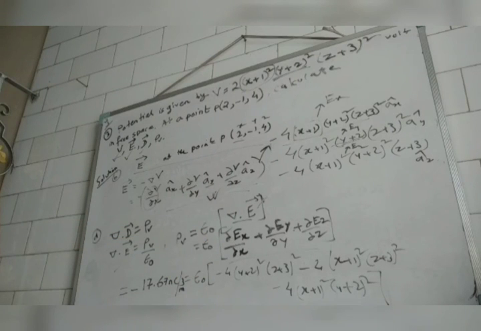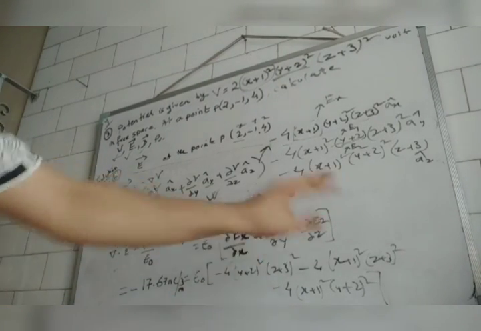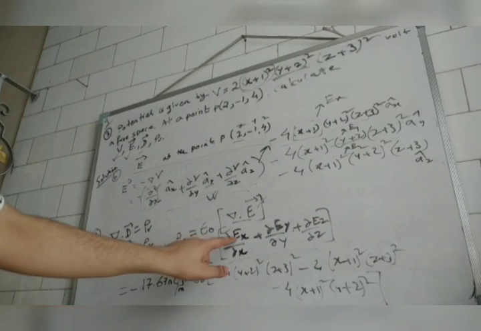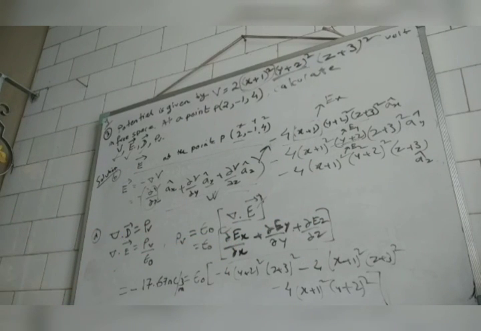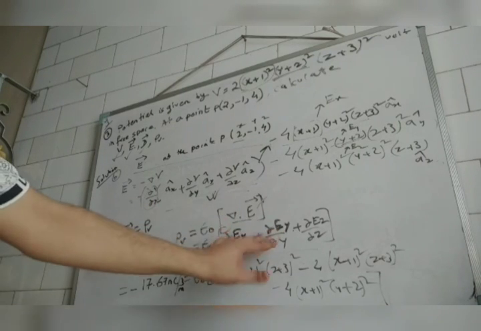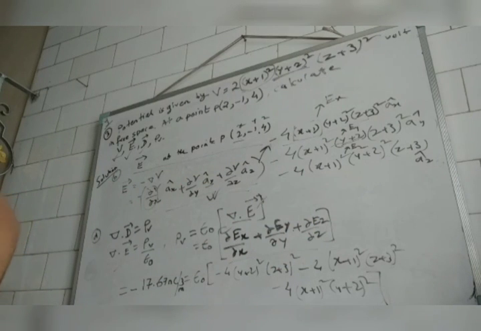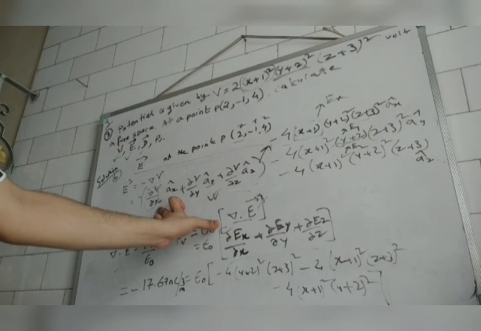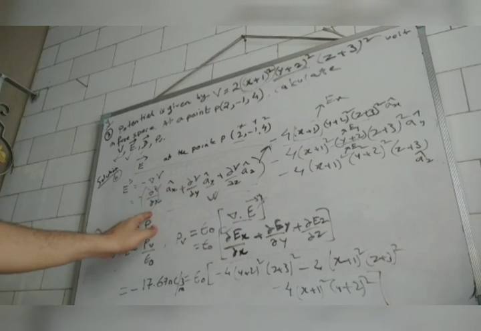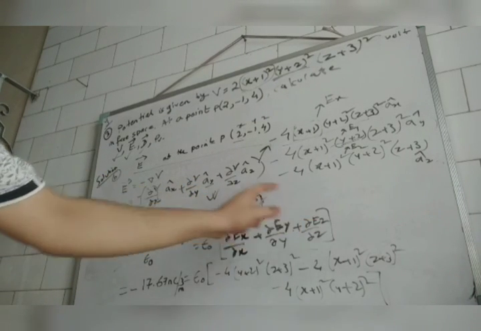For the last one, we will take the divergence of E. The divergence formula is this, which I have already explained, with the component of E along the x direction, along the y direction, and along the z direction. We can calculate from here. This Ex is nothing but this, Ey is nothing but this, and Ez is nothing but this.